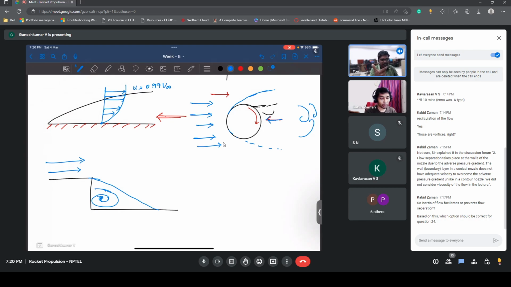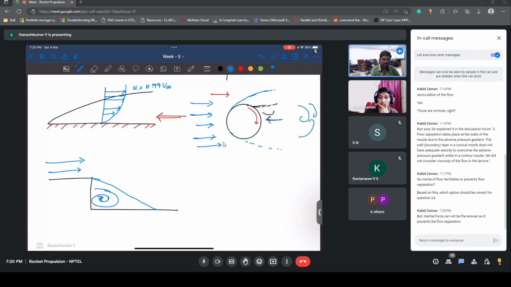It is not really due to velocity, but rather due to adverse pressure gradient, and the inertia forces cannot tackle that. That's all. So flow separation takes place for nozzle exit pressure much lower than ambient pressure due to the inertia forces accelerating the flow.